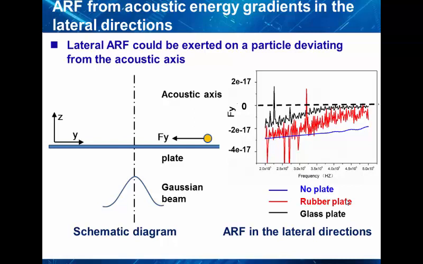It means that the direction of the lateral acoustic radiation force was towards the acoustic axis. This result suggested that particles in the field will move to locations where acoustic intensities are larger than those of their initial positions.